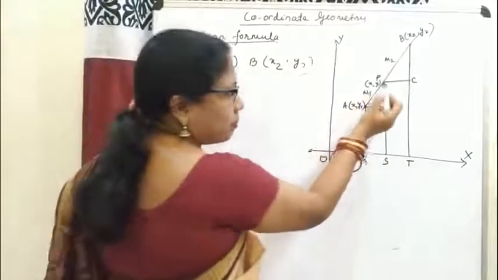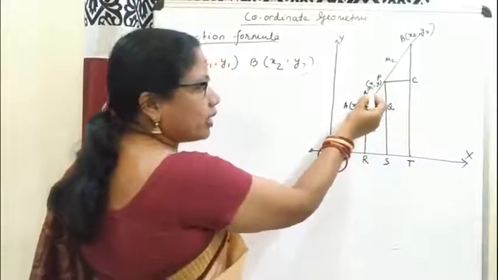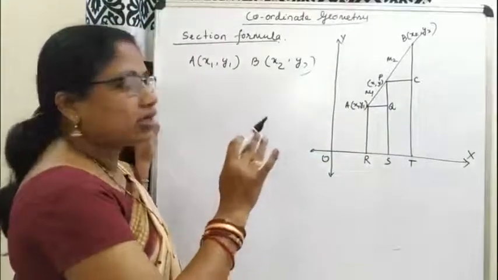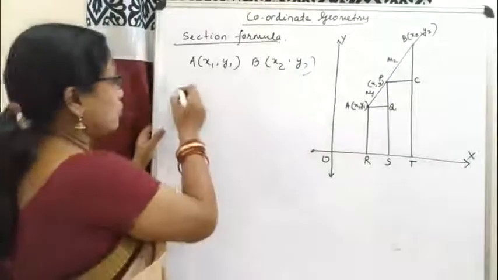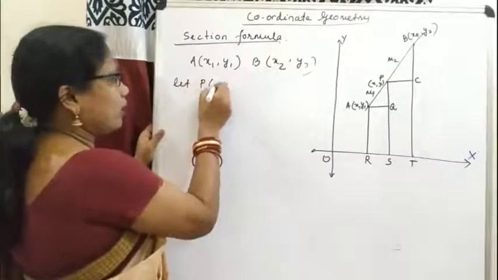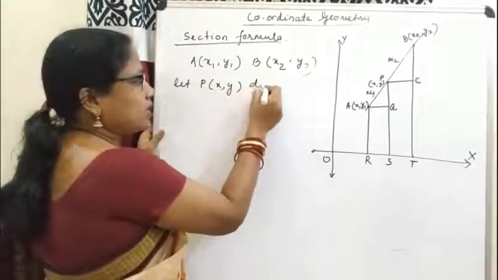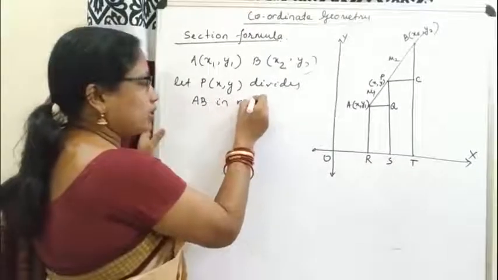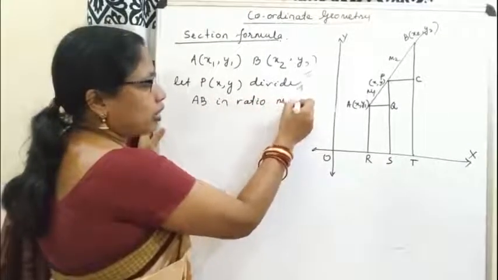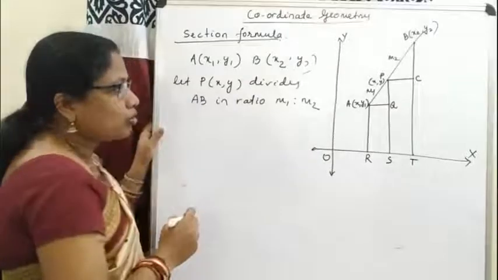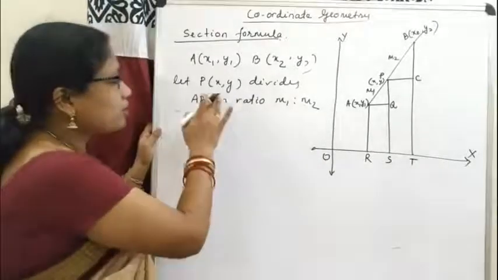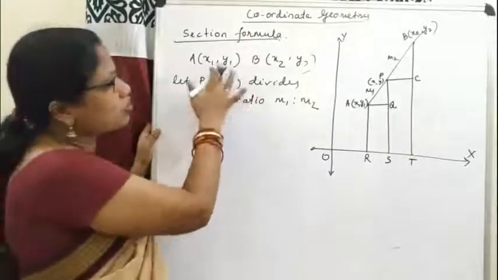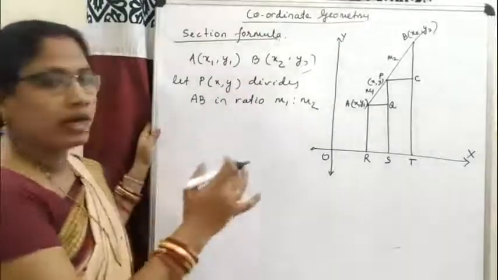Let P be a point having coordinates x and y, and let P divide AB in the ratio m1 is to m2. So we have to find the coordinates of P. That means we have to find x and y in terms of x1, y1, x2, y2, m1 and m2.